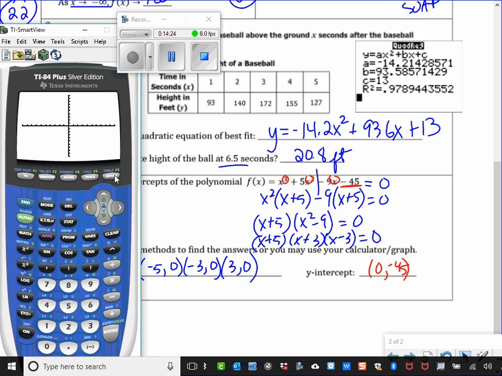All right, you just have to be careful and look at the picture. I see it crossing at -5 and -3 and +3. I don't see the y-intercept, but should you go to the table, there's your answers. -5, 0; -3, 0. Here's your y-intercept, 0, -45, and then 3, 0 right there. So you have them all on the table.